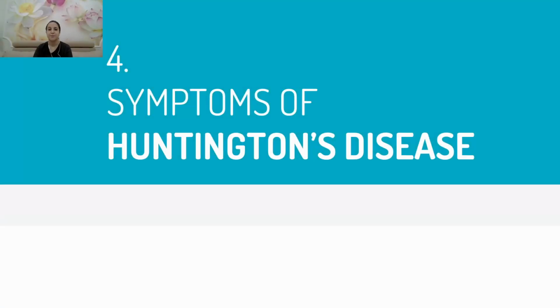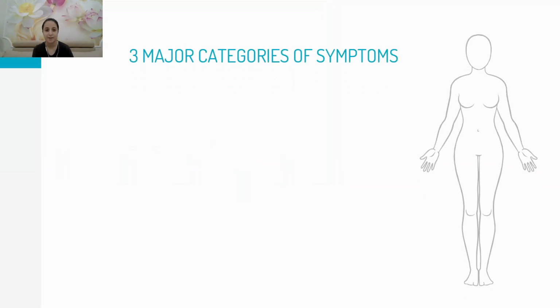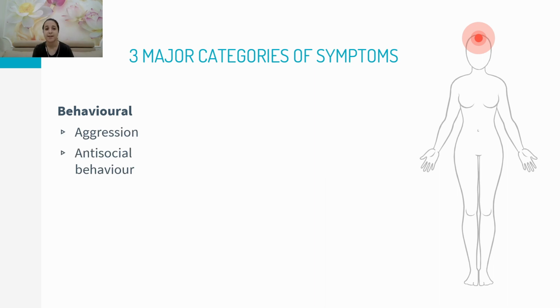Let's now look into the symptoms observed in HD. There are majorly three categories of symptoms observed. The first being behavioral. In this, you will observe the patient showing aggression and exhibiting antisocial behavior. The second category is of movement.